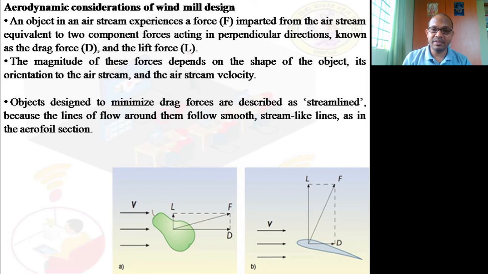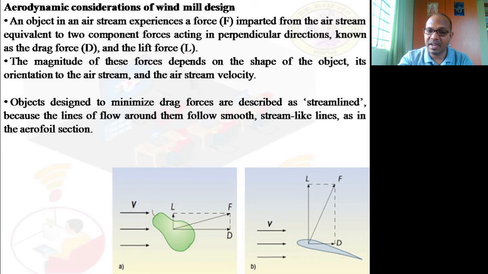I'm sorry, to correct myself, the force acting perpendicular to the direction is called the lift force, and the one acting along the direction is called the drag force. Because of the lift force and the drag force, there exists a resultant force in this direction.